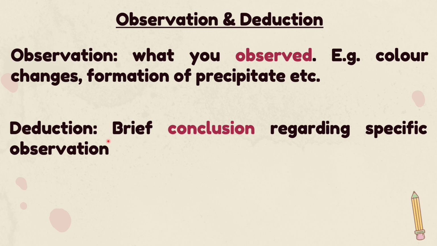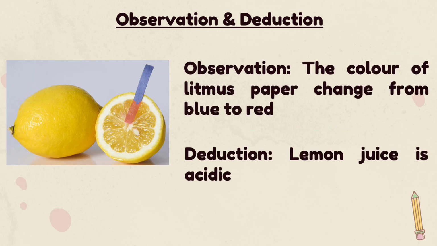But for deduction ni pula adalah a brief conclusion regarding the specific observation. Deduction tu basically apa yang awak boleh deduce berdasarkan observation that you obtain from the chemical test ataupun from the experiment. So for example, if I test the lemon juice ini with a blue litmus paper, kita kena ingat kita akan ada observation dan juga kita akan ada deduction.